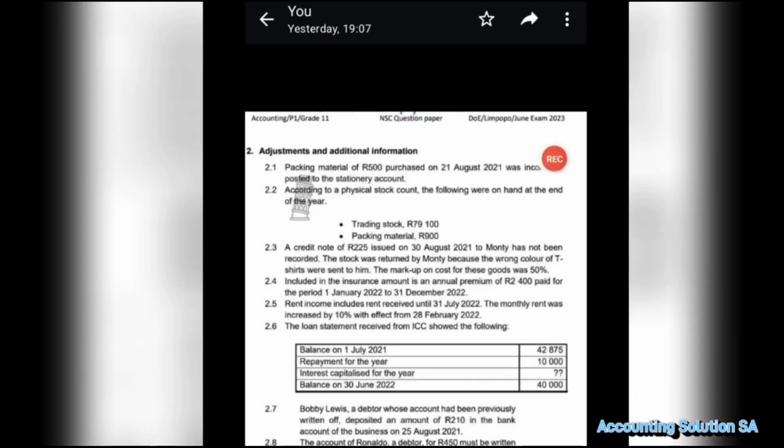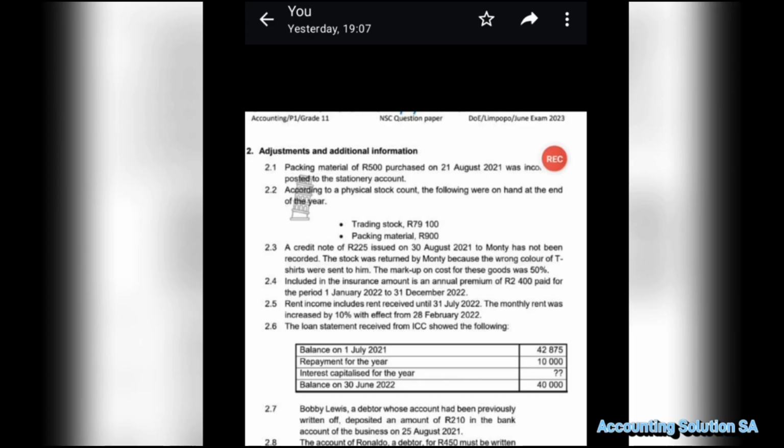So 2.5, they said the rent income received until 31 July 2022, and the monthly rent was increased by 10% with effect from 28 February 2022. So if you check here, the rent has been paid for 13 months because our reporting period ends 30 June 2022, and they paid until July, which means that we have to calculate 13 months here.